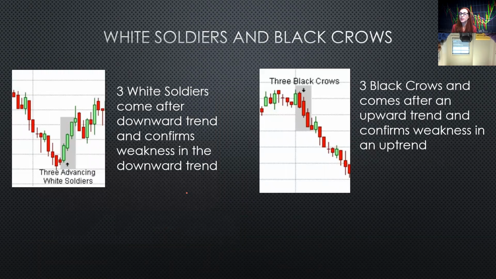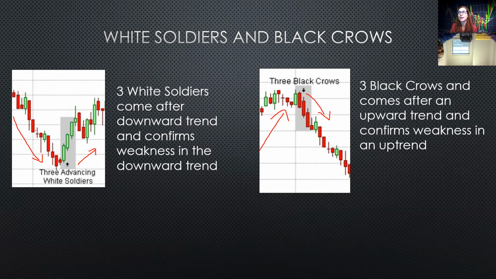All right. Then we also have the white soldiers and the black crows. Again, you must have these in conjunction with a downward trend for the 3 white soldiers, and then an upward trend for the 3 black crows to take it down. So we have the weakness right here, that this is coming down, and then all of a sudden, you know what?